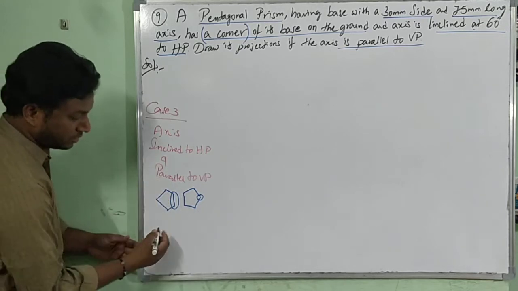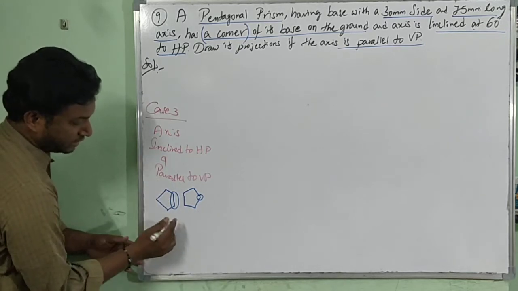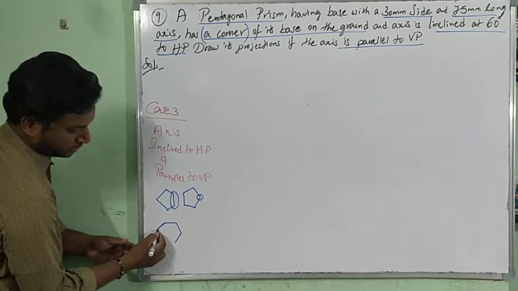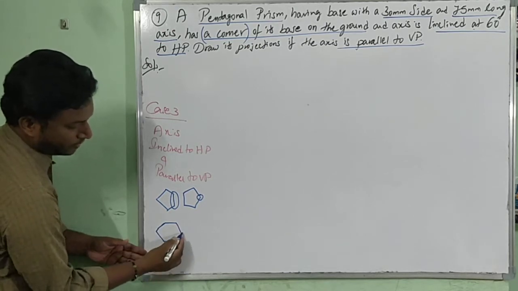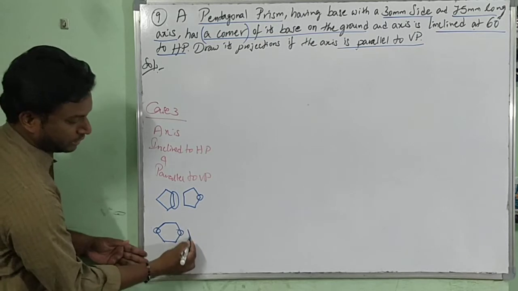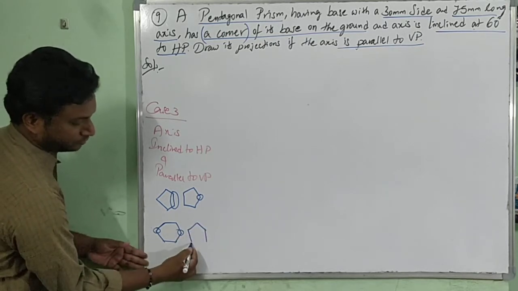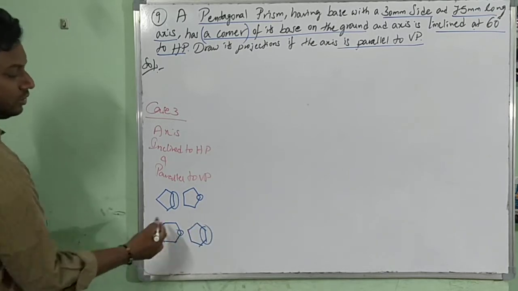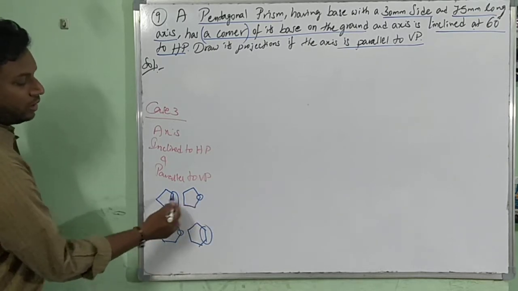In the previous hexagon problem also I have drawn. Hexagon corner means it has to be drawn like this. Edge means it has to be drawn like this. Edge, corner, pentagon, corner, edge.